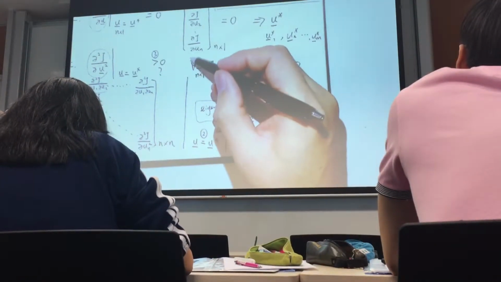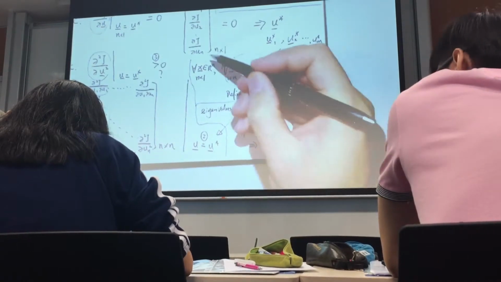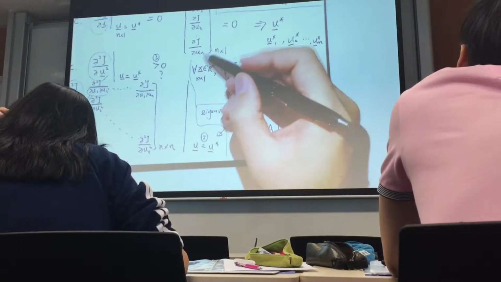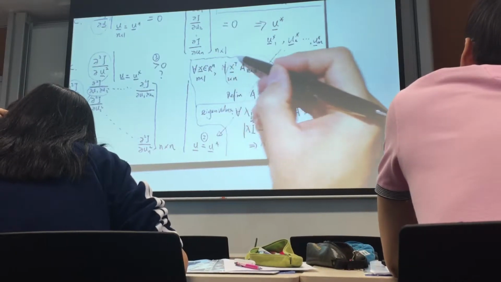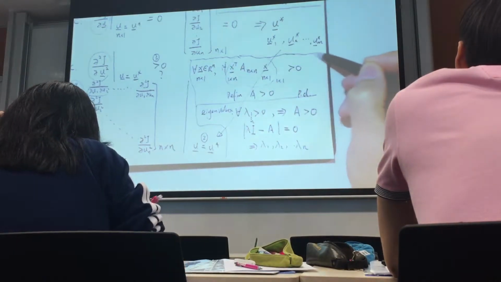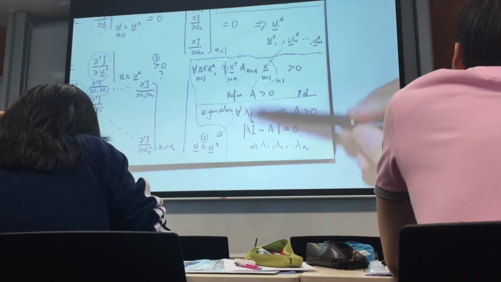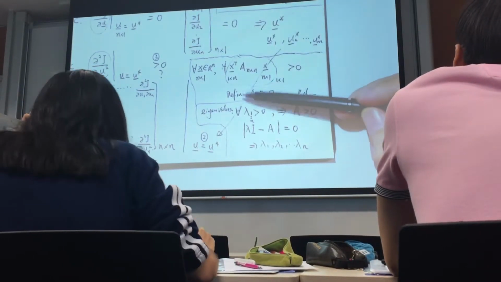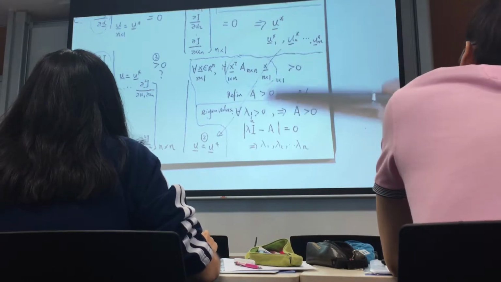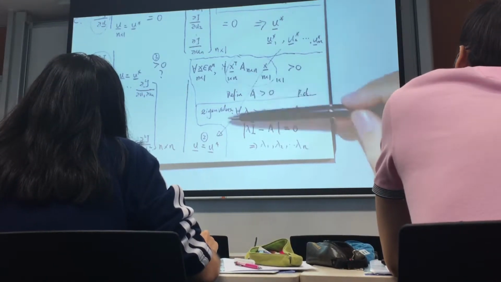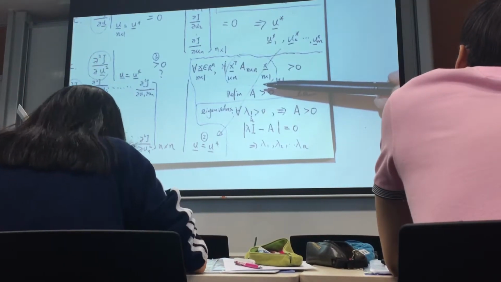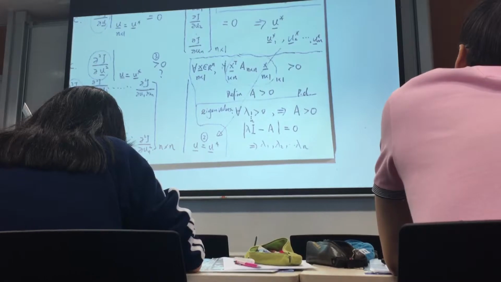I think this knowledge is from your applicable mathematics. If you already forgot it, I suggest you recap this knowledge: the matrix theory, the linear algebra, how to define eigenvectors and eigenvalues, and what the meaning of eigenvalues and eigenvectors is.